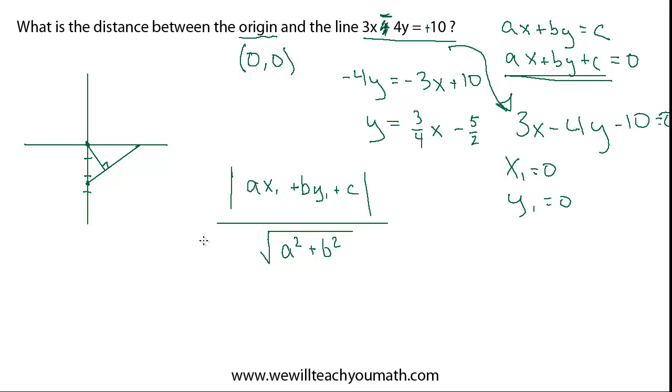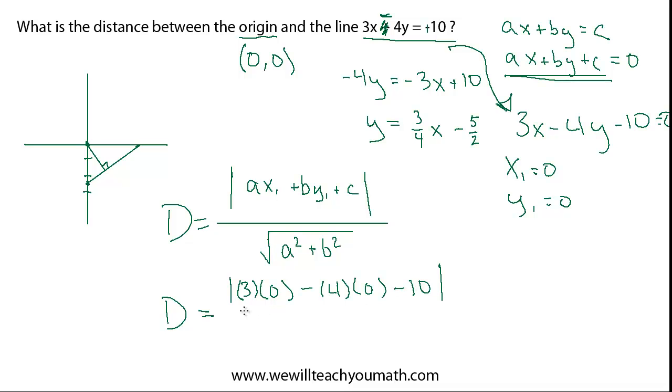So now we can plug it in. The distance we want is the absolute value of 3 times 0 minus 4 times 0 plus c, where c is negative 10, so minus 10, absolute value.